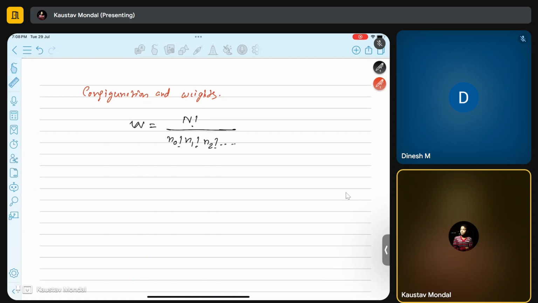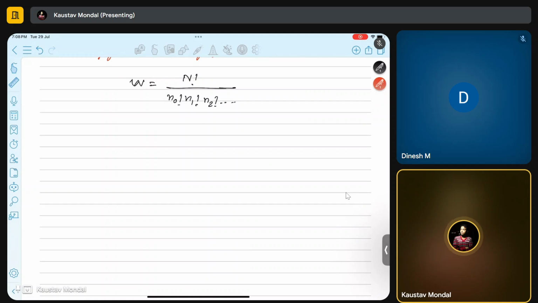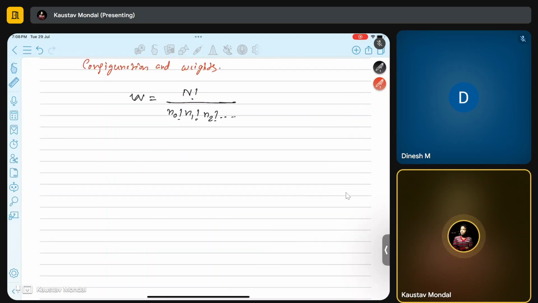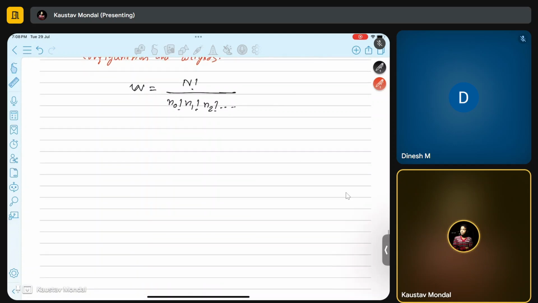So these are the weights. As you can see, these numbers can become tremendously huge. So it's better to deal with the logarithmic version of these weights.